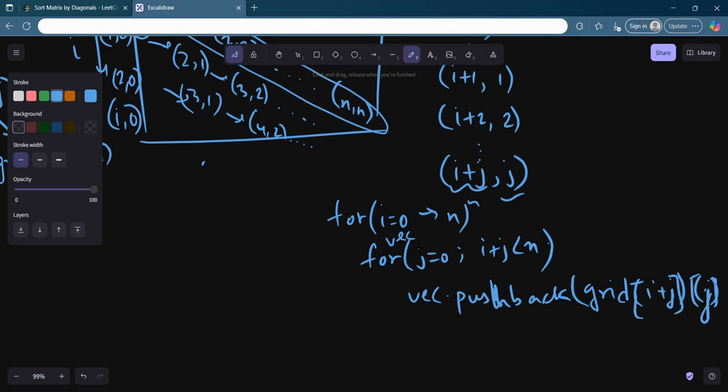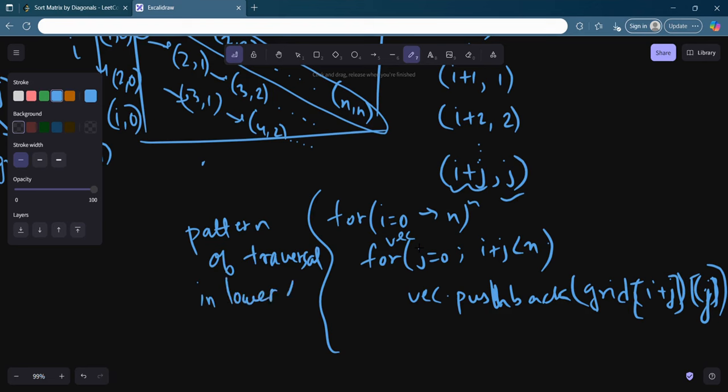I just found out a pattern of traversal of this lower triangular matrix. Okay, this is the observed pattern of traversal in the lower triangle. I hope you understand it. It is quite easy.